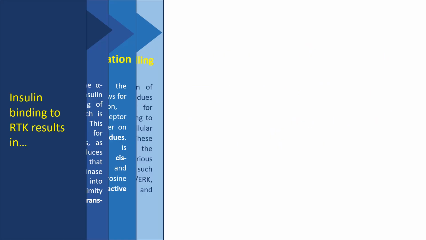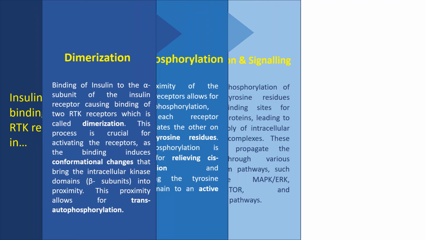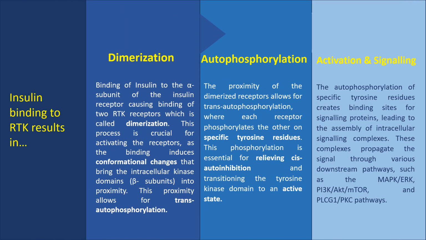Insulin binding to the receptor tyrosine kinase results in a series of actions like dimerization, autophosphorylation, activation, and finally signaling. In dimerization, the binding of insulin to the alpha subunit of the insulin receptor causes binding of two receptor tyrosine kinase receptors, which is called dimerization.